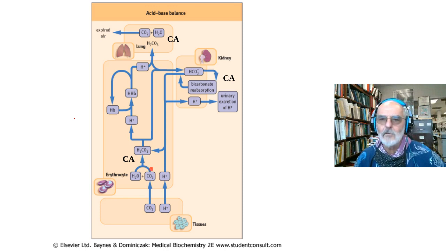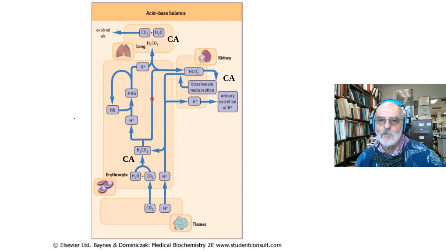The process involves enzymes that convert water and CO2 into carbonic acid, which immediately then dissociates to a bicarb, which can be excreted. Notice there's carbonic anhydrase present in the kidneys, in the erythrocytes, and in the lungs to make these reactions occur quickly. So the CO2 gets converted to carbonic acid, which immediately dissociates into bicarb.